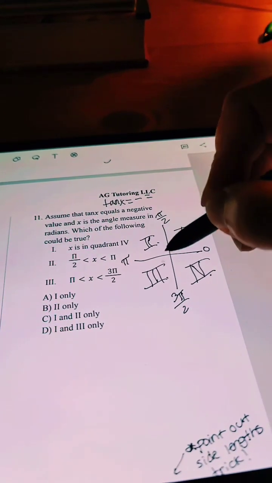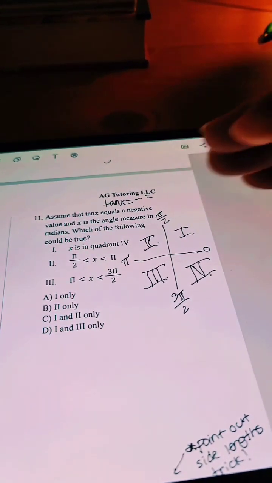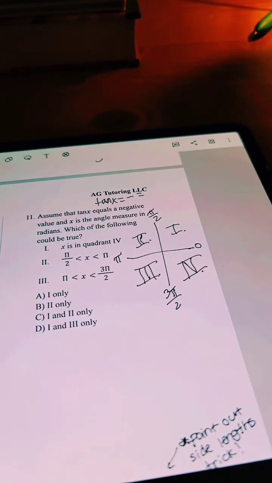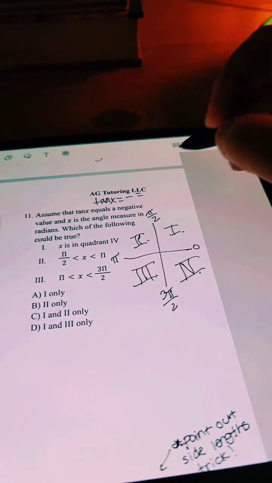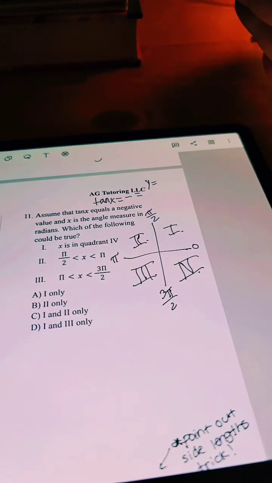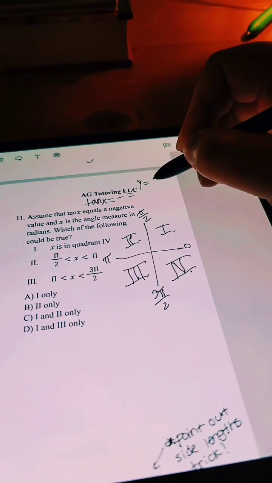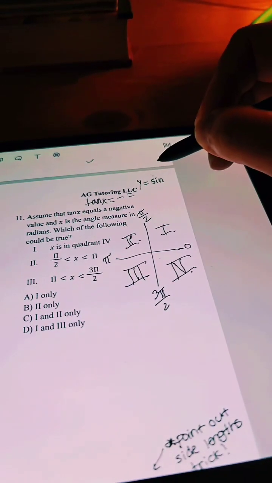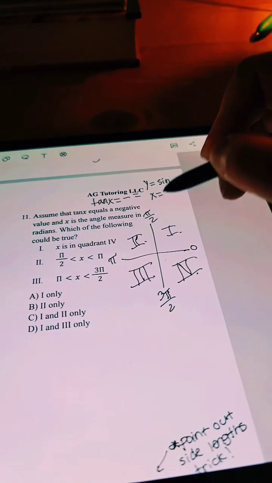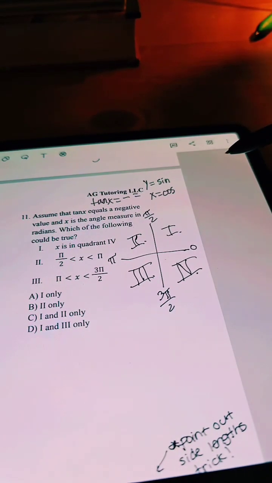So you need to be in a quadrant where one axis is negative and one axis is positive. If we're thinking in terms of how you're used to graphing things, think of the y-axis as your sine and the x-axis as your cosine.